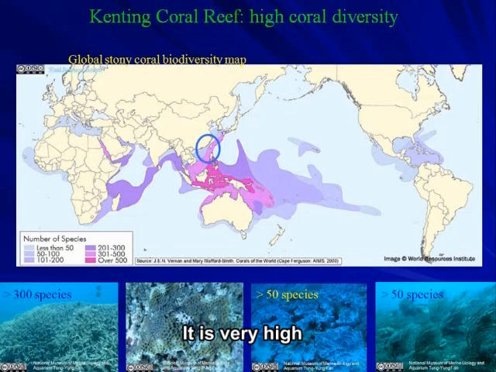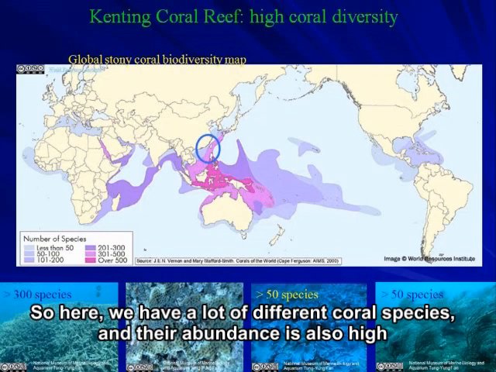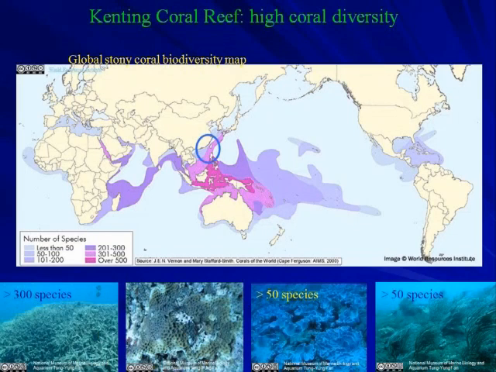It's very high. And for soft coral and Gorgonian corals, the species numbers are also more than 50 species respectively. So here we have a lot of different coral species, and their abundance is also high.